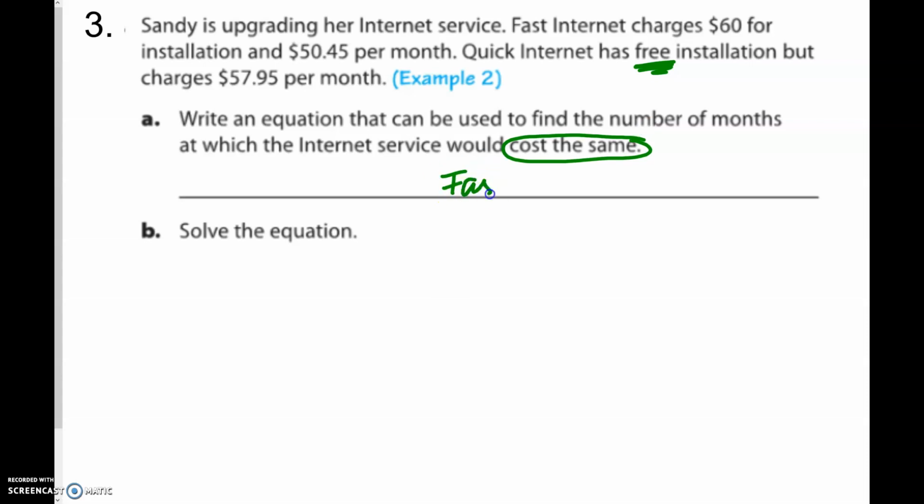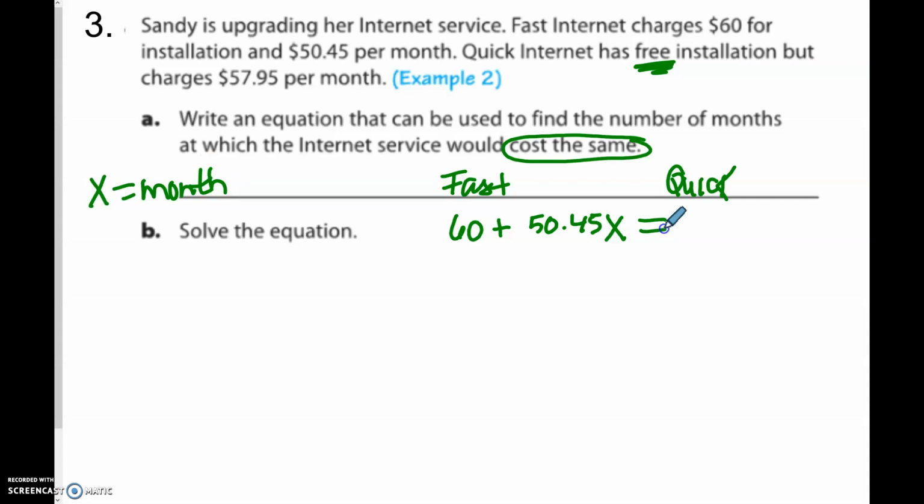So we have fast internet service and the other one is quick internet service. All right, the fast one is $60 for installation plus $50.45 per month. So X is going to stand for months in this problem.